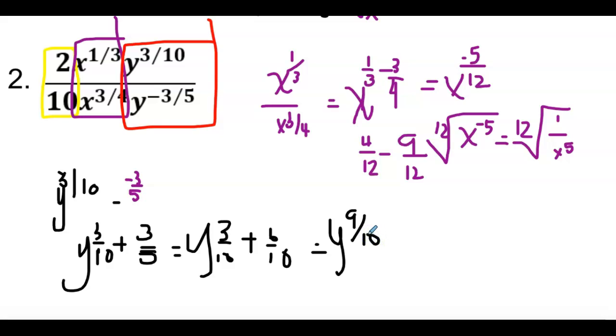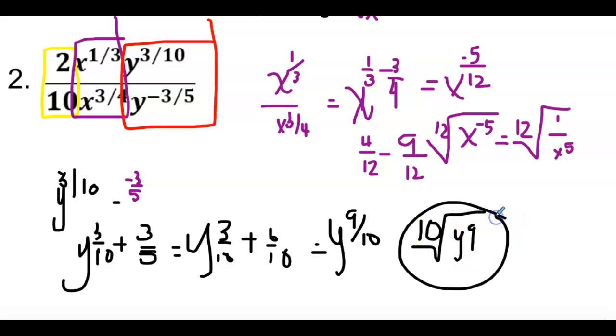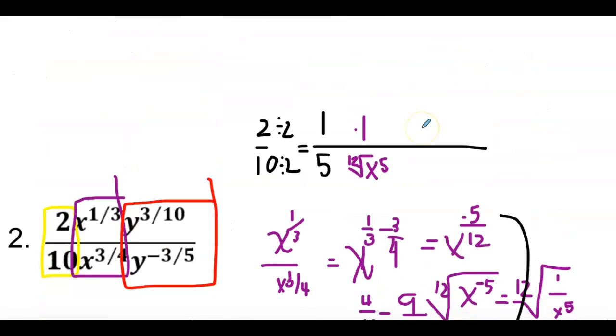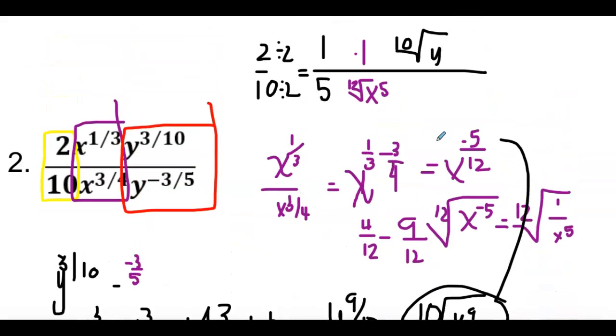And just remember that the index here would become a 10, so this would be the 10th root of y to the 9th. There is no negative in this, therefore this whole piece will go in the numerator way up there. So we're going to do the 10th root of y to the 9th.